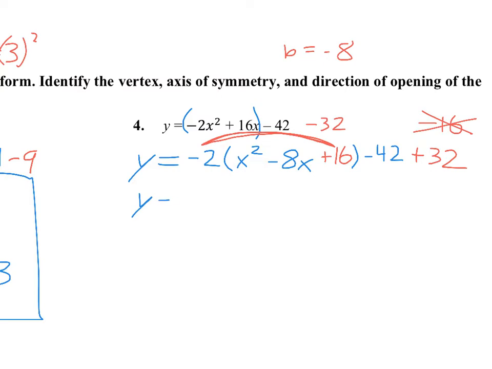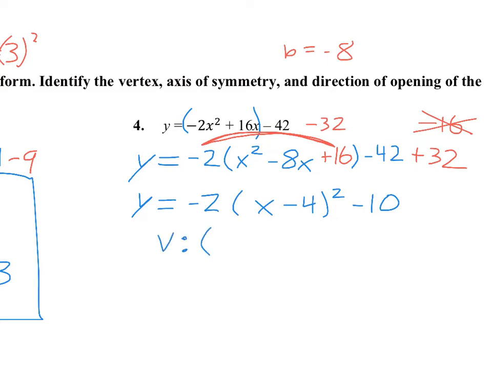Okay, so now that we completed the square, we can factor the parentheses. So x squared minus 8x plus 16 is the same as x minus 4 squared. And then -42 and +32 make -10. Alright, so we have our equation in standard form, the vertex.